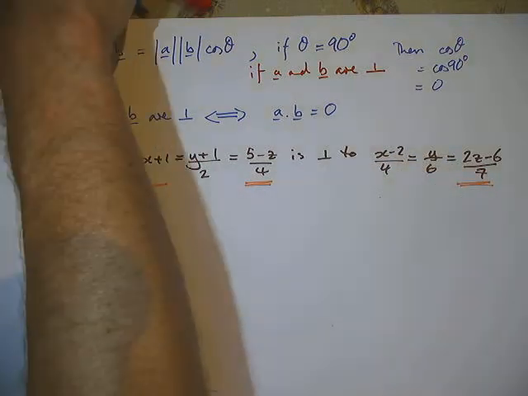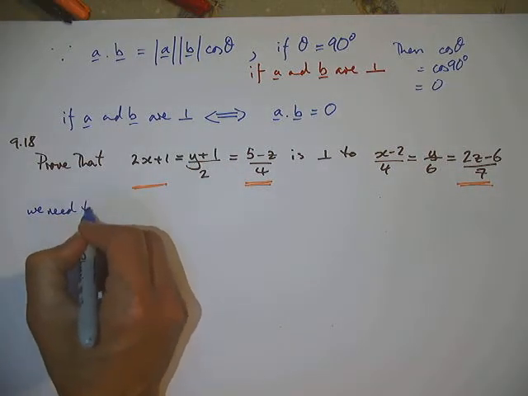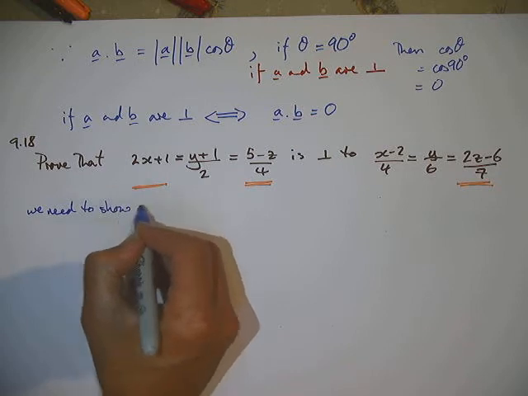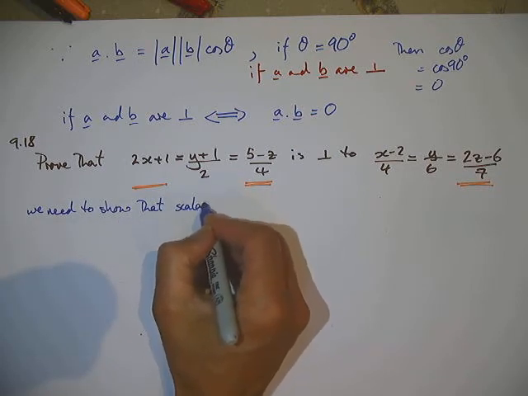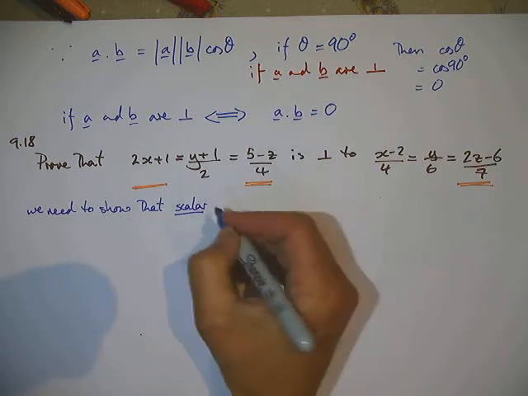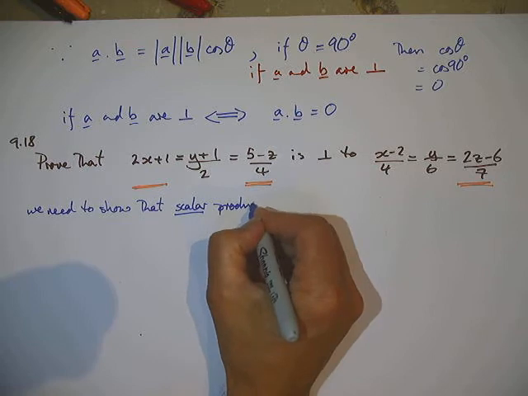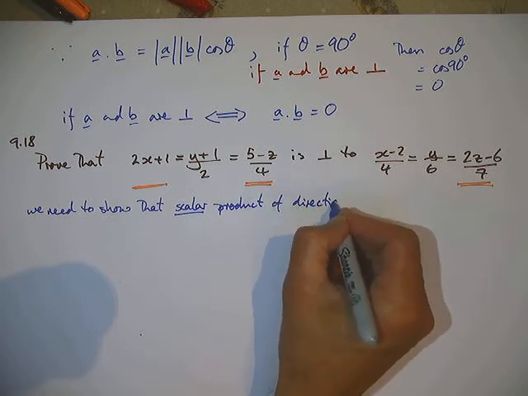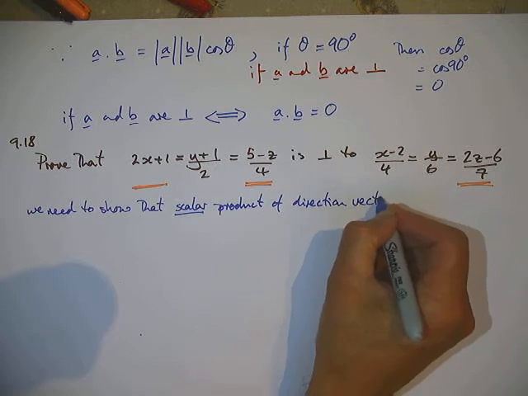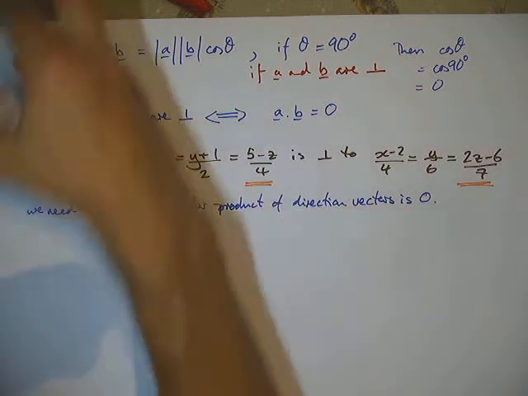So we need to show that the scalar product, which uses the dot symbol because it's a scalar answer, of the direction vectors is 0.